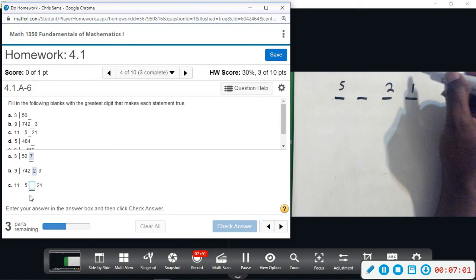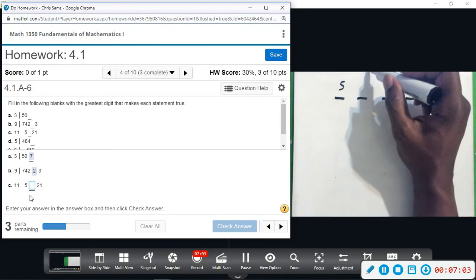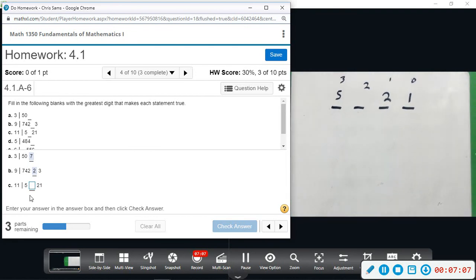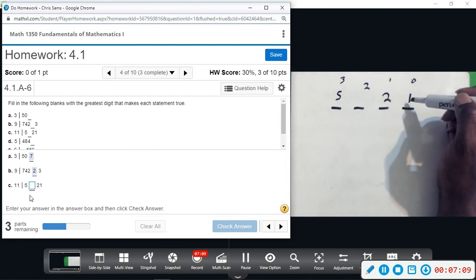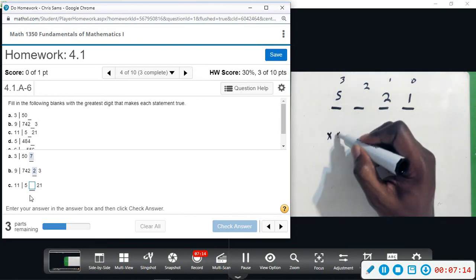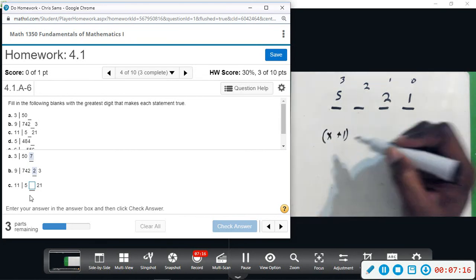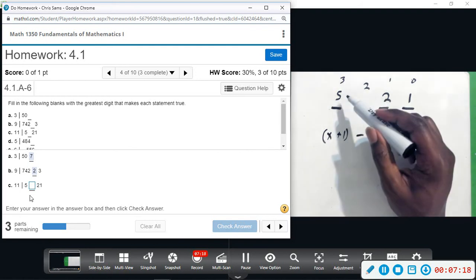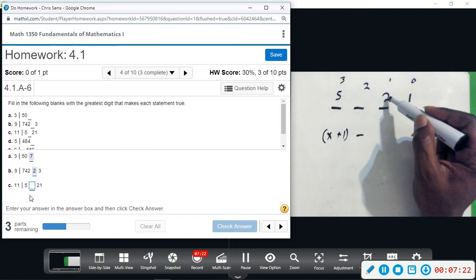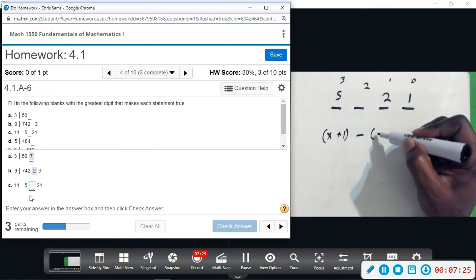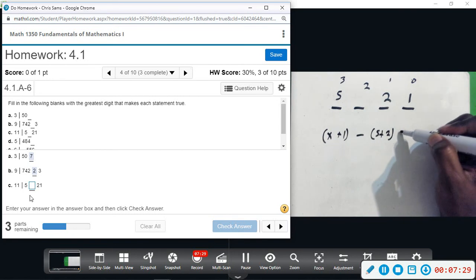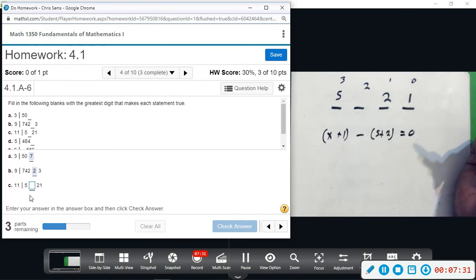Plugging in a single digit. This is 0, 1, 2, 3. So when we're talking about place values, these are even. I'm going to add up something plus 1. Don't know what that something is. I'm going to subtract 5 and 2. We'll add up those. And whatever I get, it needs to be divisible by 11.